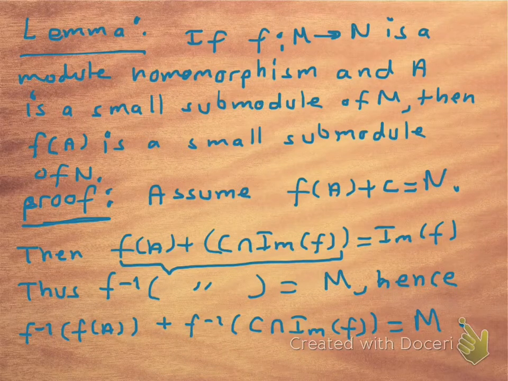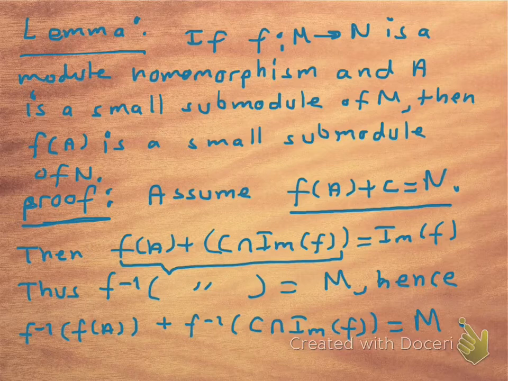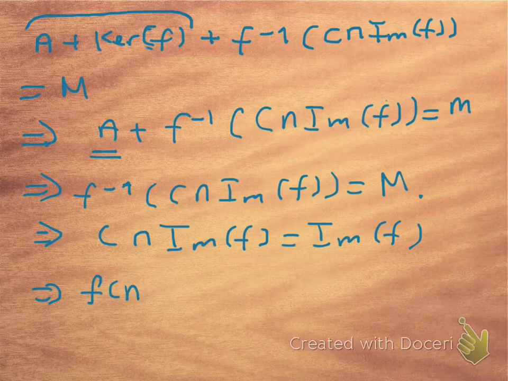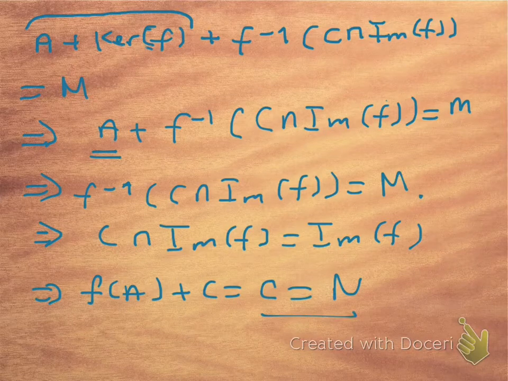The image of F plus C is equal to all of N. Since C now contains the whole image, C actually swallows F of A too, so C plus F of A is simply equal to C, and that's equal to N, as desired. This concludes.